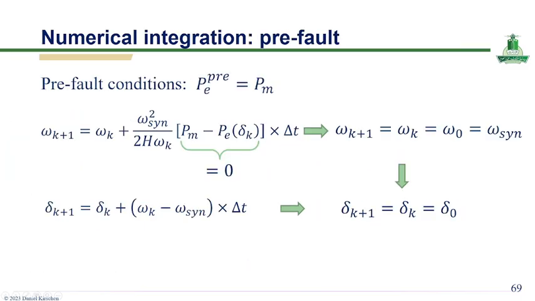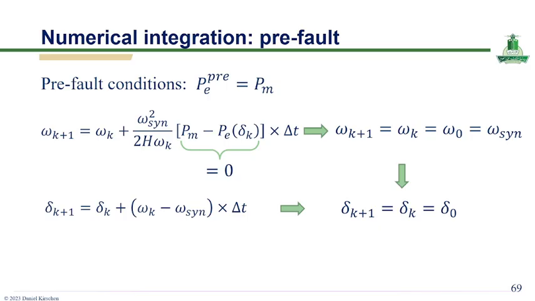Okay, this slide explains the numerical integration of the swing equation under pre-fault operation conditions. Before the disturbance occurs, the electrical power output is equal to the mechanical input power, meaning the system is in a steady state equilibrium.